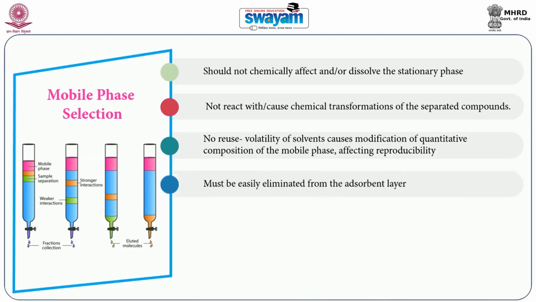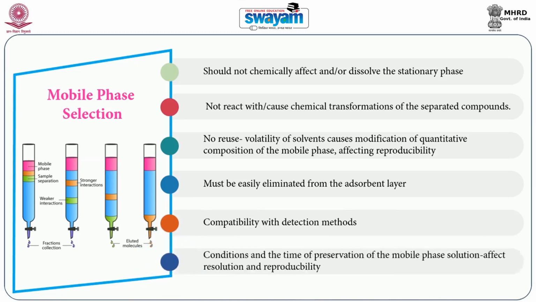Then the mobile phase should be easily eliminated from the adsorbent layer, because remember, your adsorbent layer has to be dried before the visualization or spot development process takes place. Then of course your mobile phase has to be compatible with your detection methods, and the conditions and the time of preservation of the mobile phase solution will again affect resolution and reproducibility.